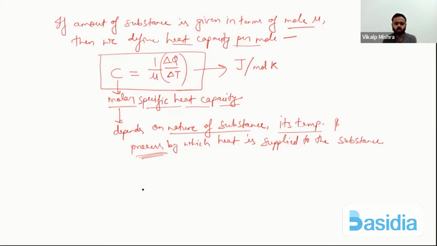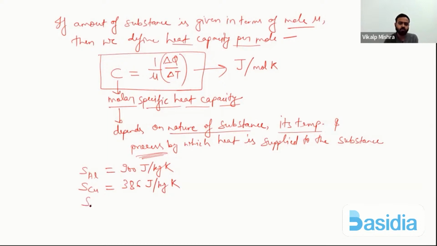So I'm writing some values of specific heat capacity. For aluminium, the value is 900 joule per kg Kelvin. For copper it is 386 joule per kg Kelvin.